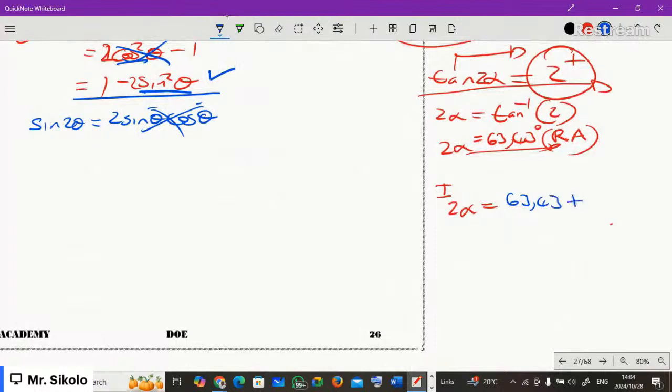63.43 plus the period of tan. Remember the period of tan is 180 degrees K. Then you divide everything on both sides, so this and this will cancel.